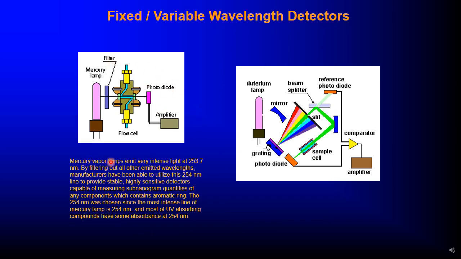A mercury vapor lamp emits very intense light. By filtering out all other emitted wavelengths, manufacturers have been able to utilize this 254 nanometer line to provide stable, highly sensitive detectors capable of measuring sub-nanogram quantities of any compound which contains an aromatic ring.